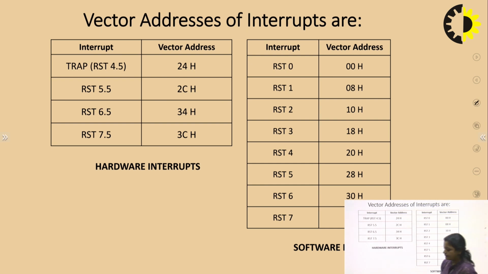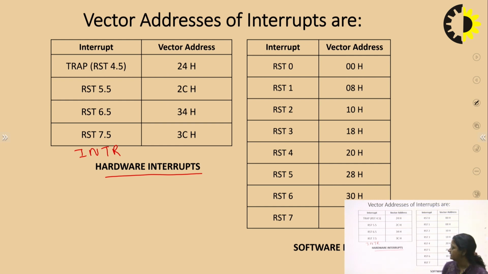So we categorize the interrupts in 2 categories, that is hardware and software interrupts. In the category of hardware interrupts, we have TRAP, which is also known as RST 4.5, RST 5.5, 6.5 and RST 7.5. And the 5th one was INTR. Why have we not included INTR in this category? Because INTR is a non-vectored interrupt. It does not have any fixed vector address.